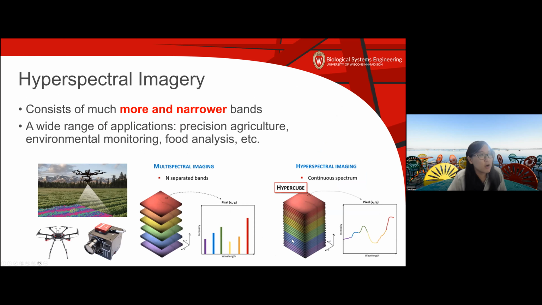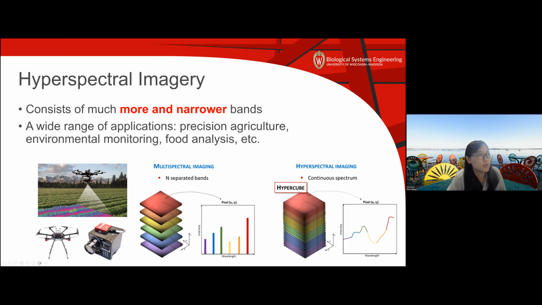So maybe you know hyperspectral data already, but just a quick review. Unlike multispectral imaging or a traditional RGB camera, which have fewer bands, for RGB we have only 3 bands, and for multispectral imaging maybe 5 or 7, usually less than 10 spectral bands.